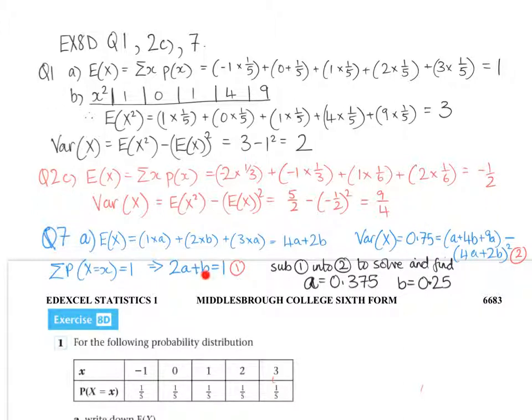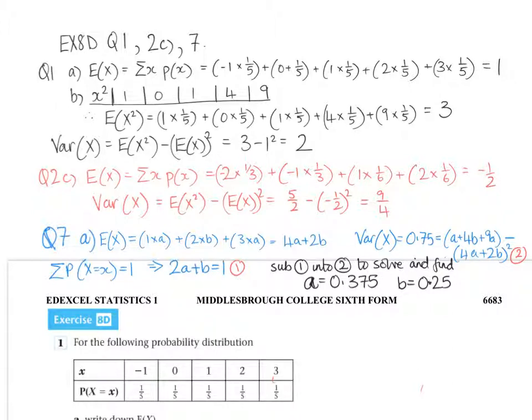So if you take equation 1 and sub it into equation 2, you should get these values here. In other words, that could be as a fraction 3/8, and that one there is a quarter. So either decimals that are exact or fractions that are exact as well.